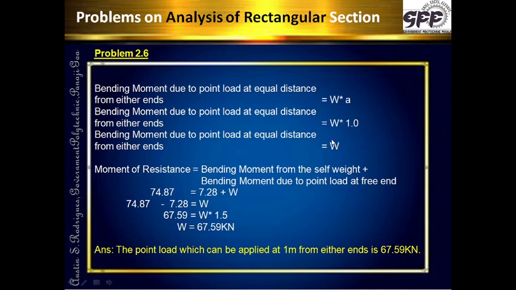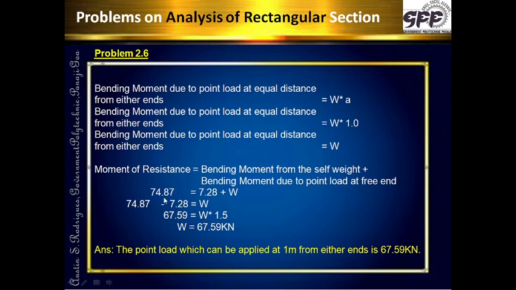Now the moment of resistance is equal to the bending moment from the self weight plus the bending moment due to point loads at 1 meter from either supports.